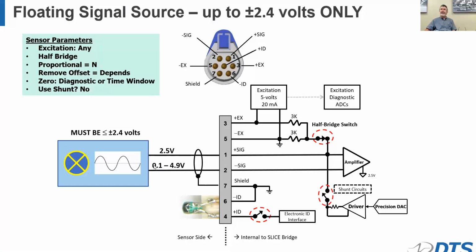You simply connect that floating signal to the plus and minus signal, and turn on the half-bridge. The excitation really doesn't matter. These are generally not proportional to excitation. And again, the offset and zeroing will depend on the type of sensor. You cannot shunt test these types of sensors.